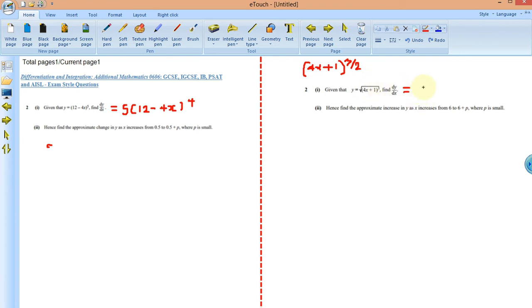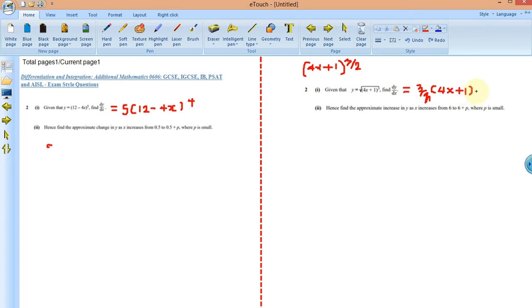Is that clear now? Now I'm differentiating based on the power. That will be 3 over 2, then because you fix your algebraic part already, open that now, 4x plus 1. Okay, is that clear? I'm not through with the other one, I'm just doing it like that.